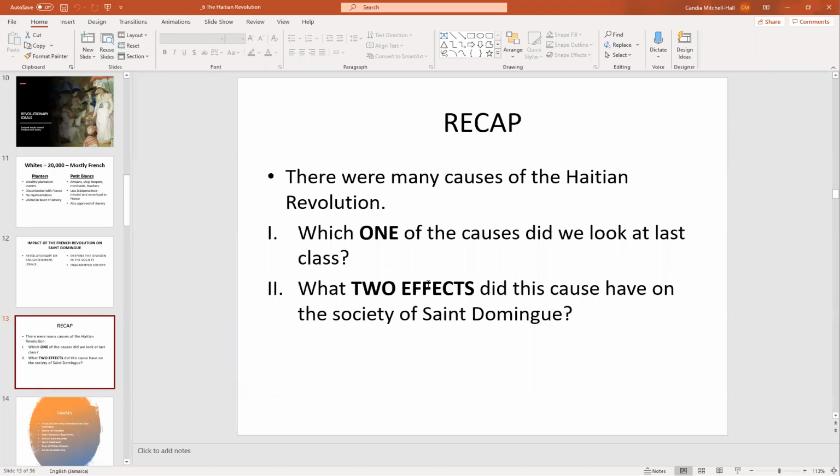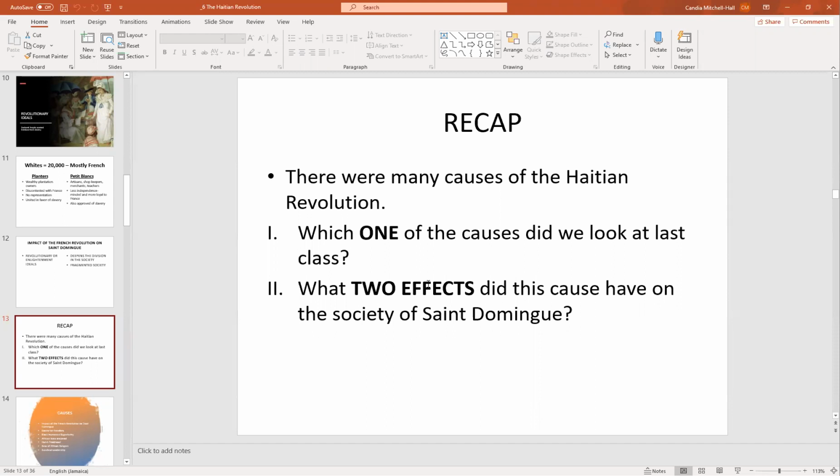The division of the society. Correct. So one of the effects of the French Revolution on the colony of Saint-Domingue is that it would have caused the society to be extremely divided, right? So that is one of the effects.